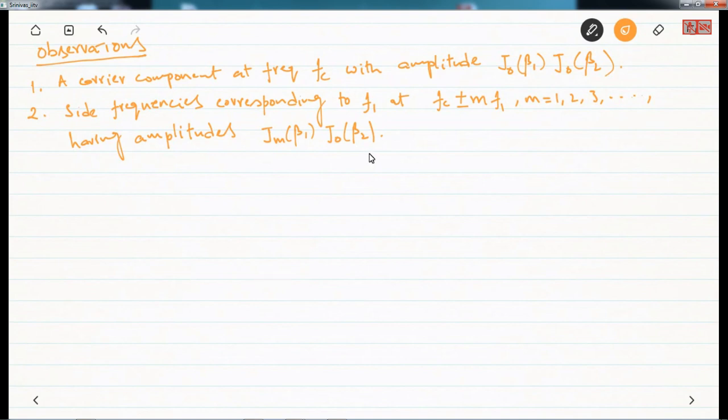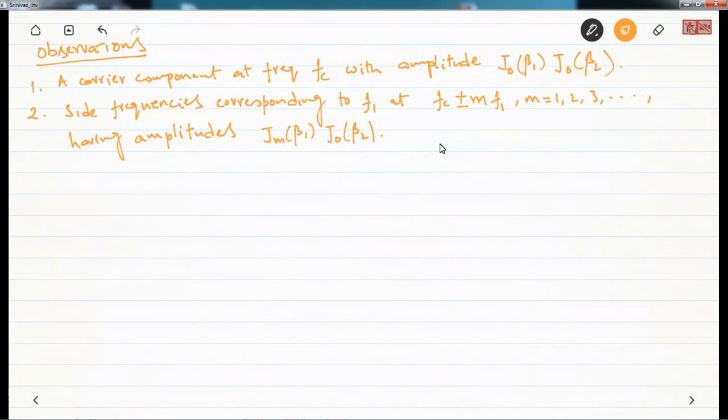Right? So what I'm saying is that there are side frequencies corresponding to fc plus or minus mf1, so m varies from 1 to 3 up to infinity. So fc minus f1, fc plus f1, fc minus 2f1, fc plus 2f1, fc plus 3f1, fc minus 3f1, and so on.